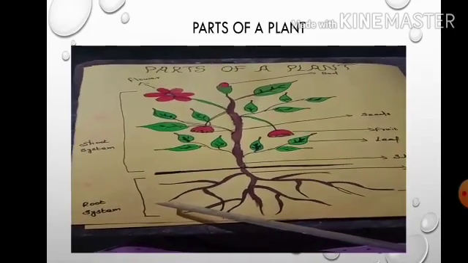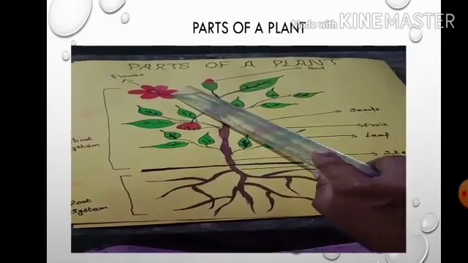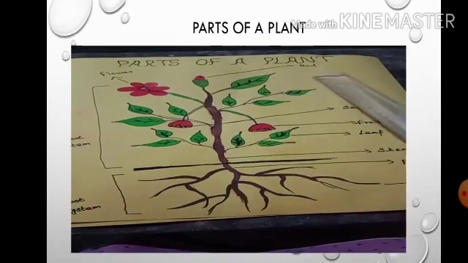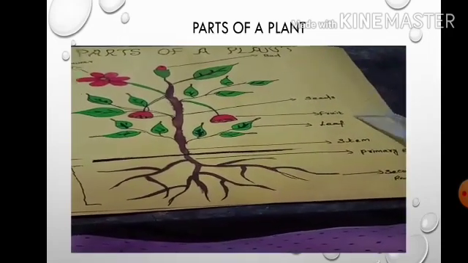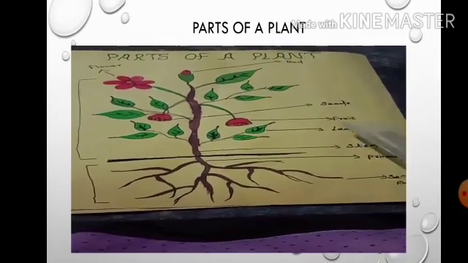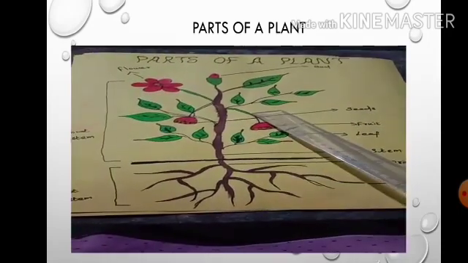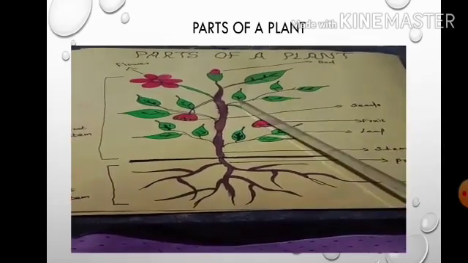What things are there in the shoot system? Flower, the main thing, bud, seeds, fruit, leaf, stem. These are all included in the shoot system, that is the upper part of a plant.